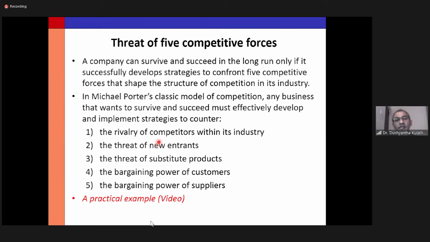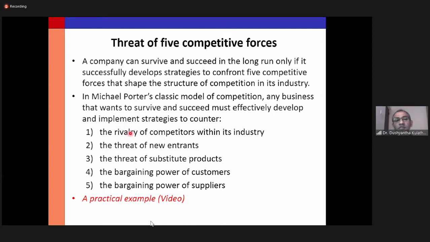Now, if we look at them one by one, the rivalry of competitors within its industry. When it comes to any industry, usually you will find two or more competitors operating there. When there are two or more companies operating in a particular industry, naturally there will be competition, or rivalry, built up between the competitors.